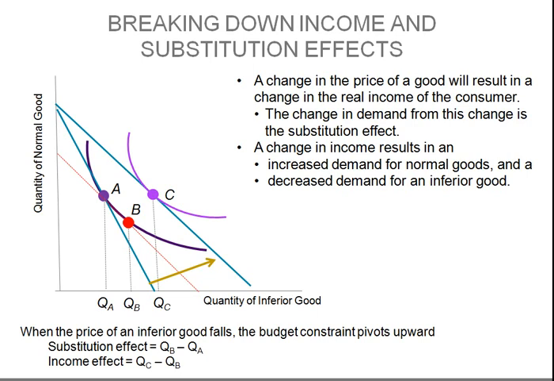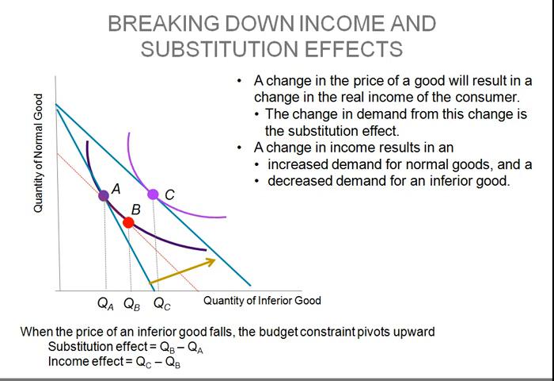Breakdown of income and substitution effects. A change in the price of the good will result in a change in the real income of the consumer. The change in demand from this change is the substitution effect. This is our original budget line. The price of A is decreased, so we are moving from here to here.